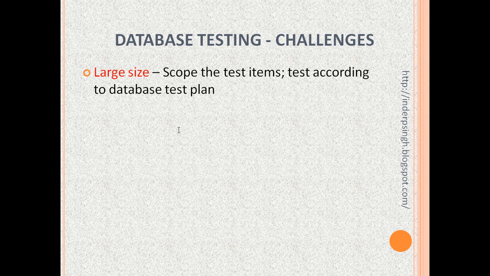If you have less time, you can scope the test items. And the second way to solve the challenge is to test according to the database test plan. If you have that, you can follow it to do methodical database testing.